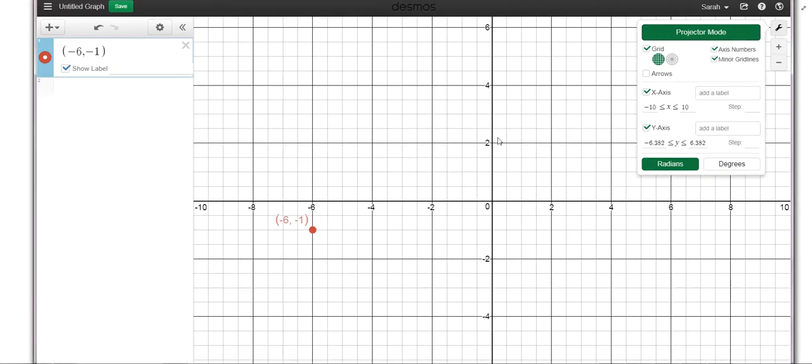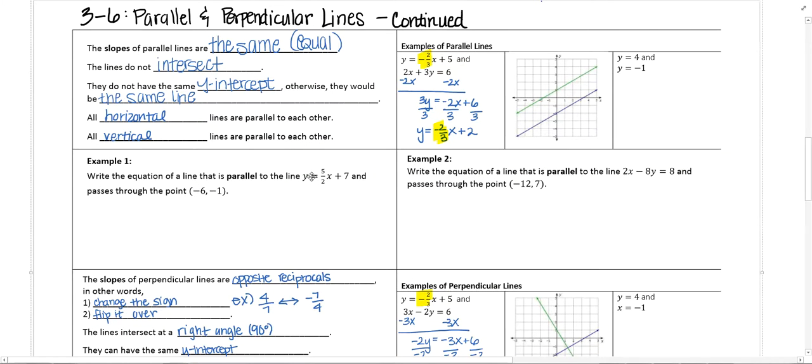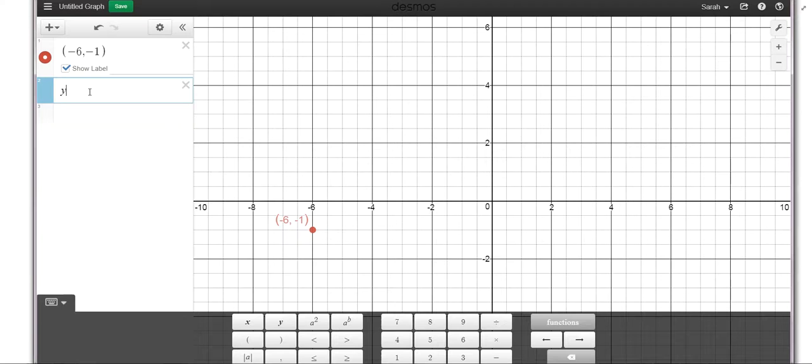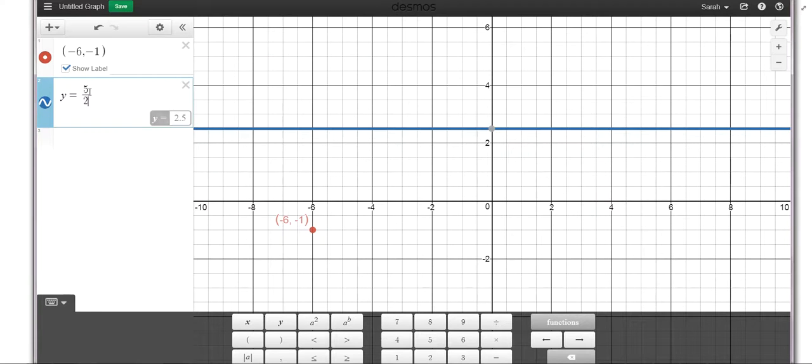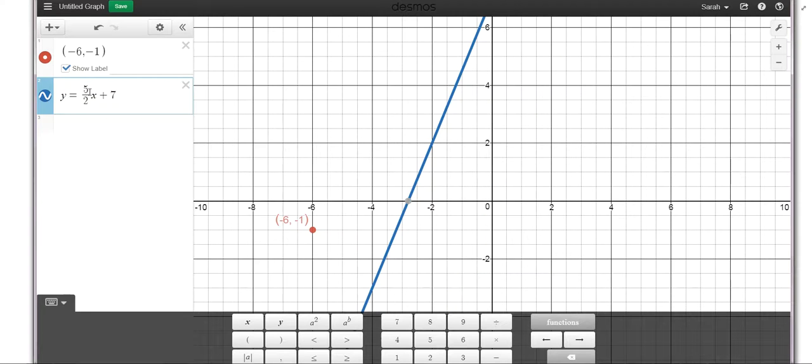Let's make this a little bigger. And we have a line, y equals 5 halves x plus 7, which is not the line we want. Let's put the x in the right spot, but a different line.